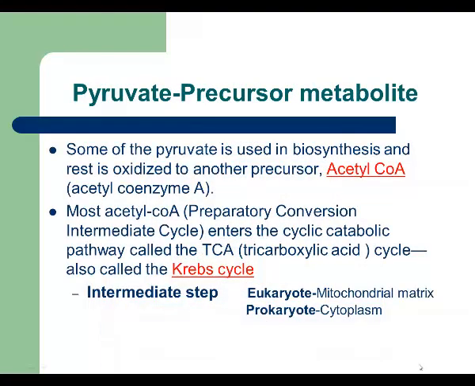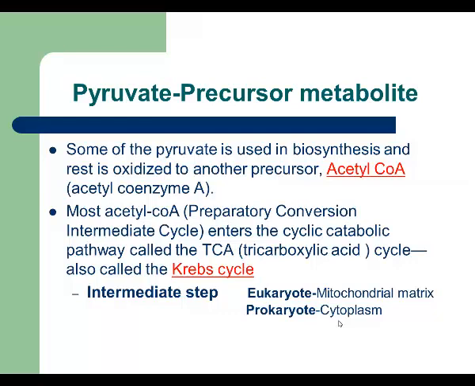Remember, please, the transition step or intermediate step in eukaryotes or microorganisms will occur in the mitochondrial matrix. Since prokaryotes or bacteria have no mitochondria, the intermediate step or transition step will occur in the cytoplasm. So let's repeat again. The second catabolic pathway is called TCA cycle or tricarboxylic acid cycle or Krebs cycle. It forms 4 precursor metabolites.